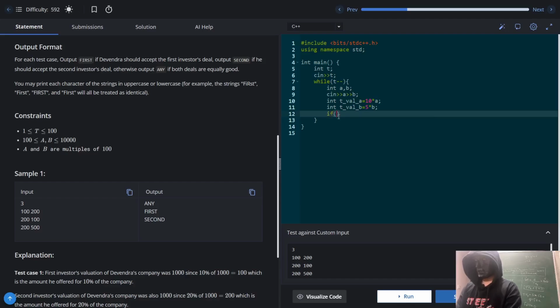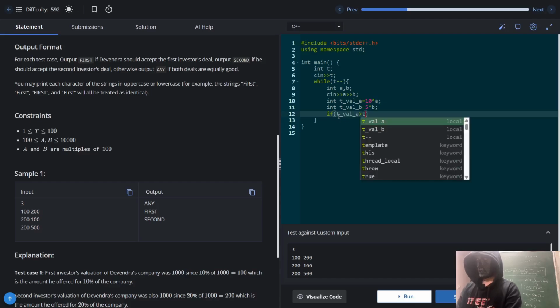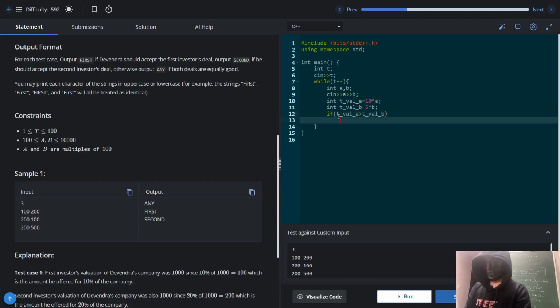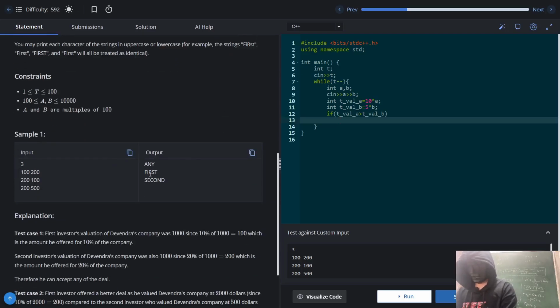Now we'll have to check it. If total valuation of company A is greater than total valuation of company B, we'll have to print first.